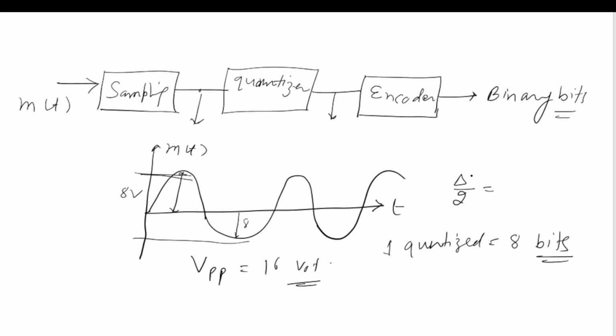If delta is reducing, that means the number of levels increases. We can write L equals 2 to the power n.